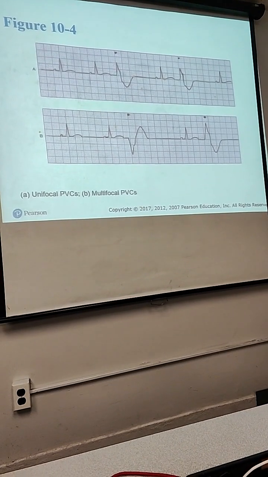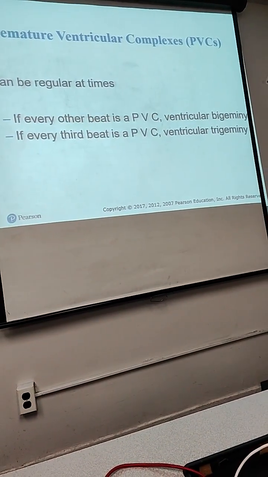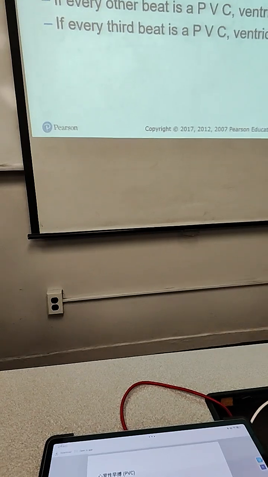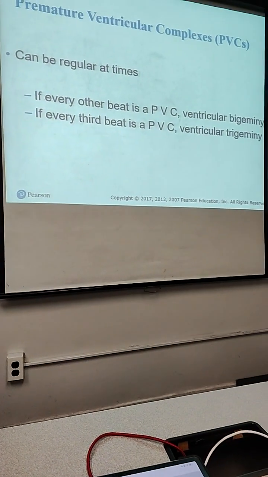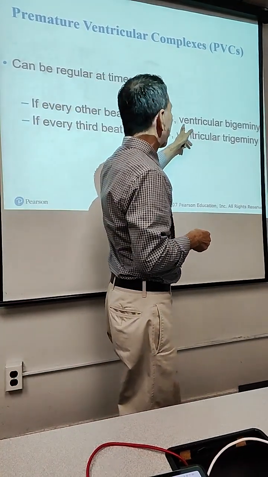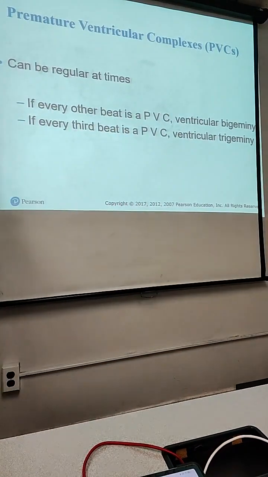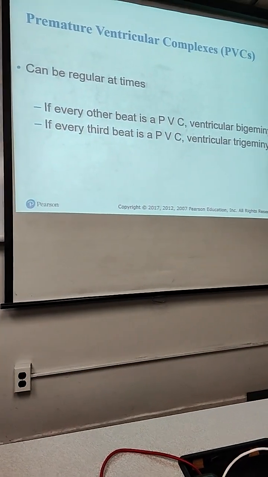So that's basically the premature ventricular complexes. If every other beat there is a PVC, it's called ventricular bigeminy, or bigeminal.